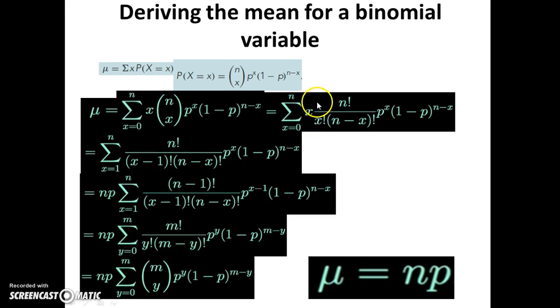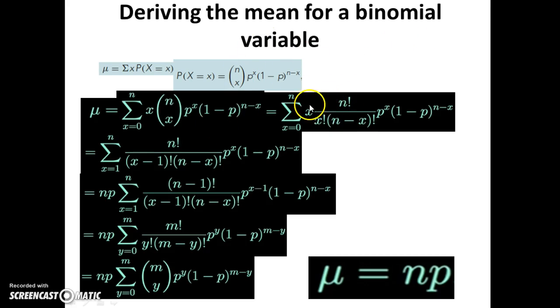If x is 0, the whole term is 0, so it doesn't add anything to our sum. We can exclude x equals 0 and start from 1. When we start from 1, we have x in the numerator and x factorial in the denominator, and x factorial can be written as x times x minus 1 factorial.